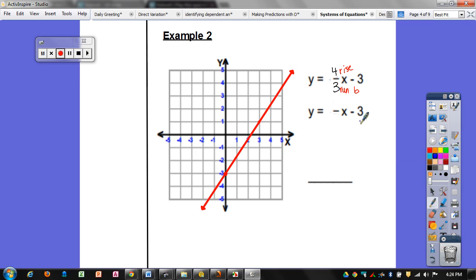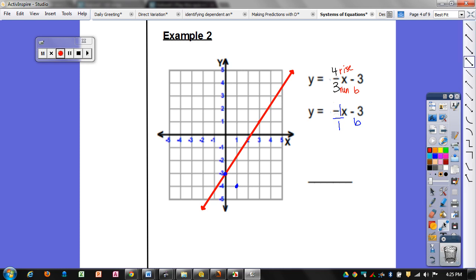Okay, for y equals -x minus 3, my b is -3 here. And my rise and run, this is the same thing as -1 over 1. So my rise is going to be down 1 since it's negative, and my run is 1.